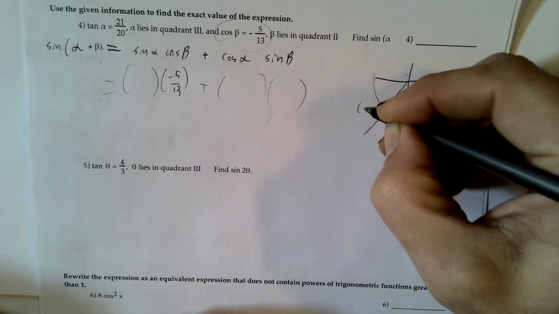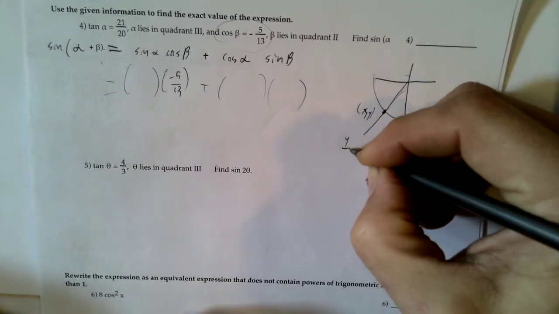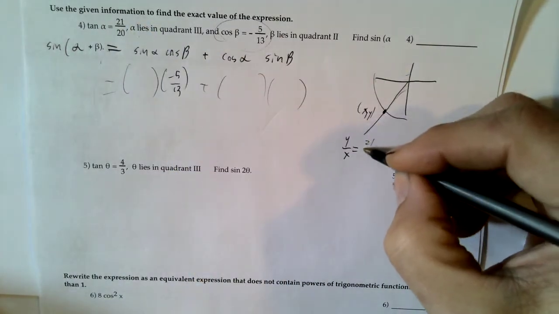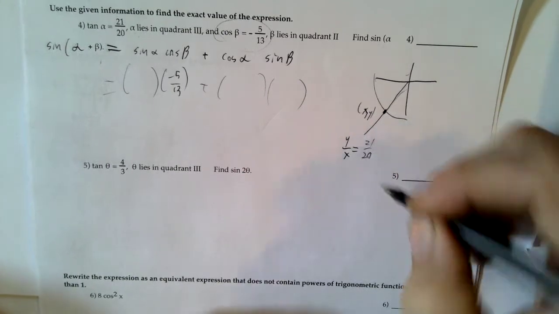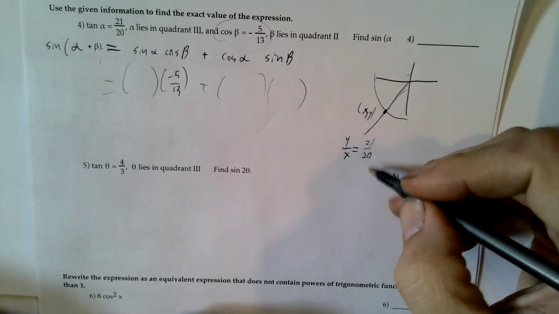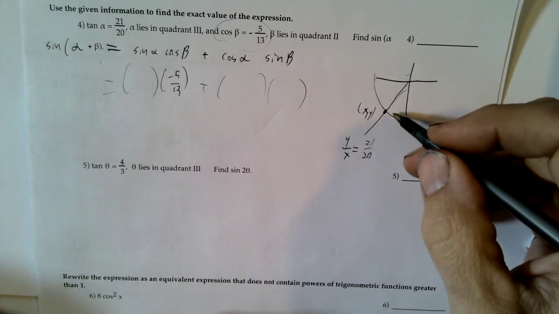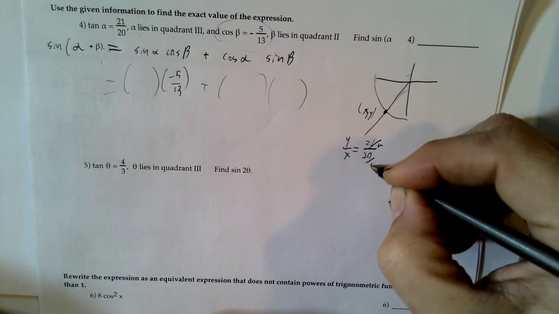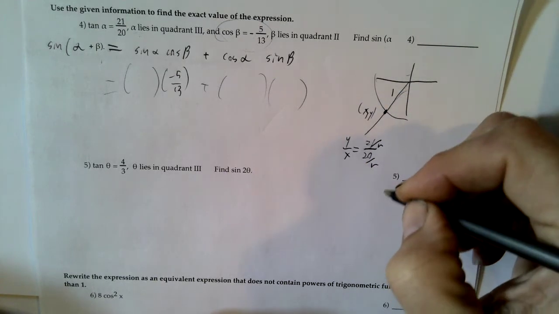So there's going to be some point here, x comma y, where y over x is 21 over 20. But x squared plus y squared equals 1, so y can't be 21 and x can't be 20. That would be way too big. This has got to be 21 over some r, and this is 20 over some r.